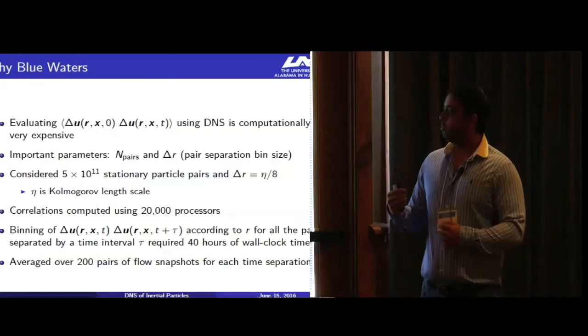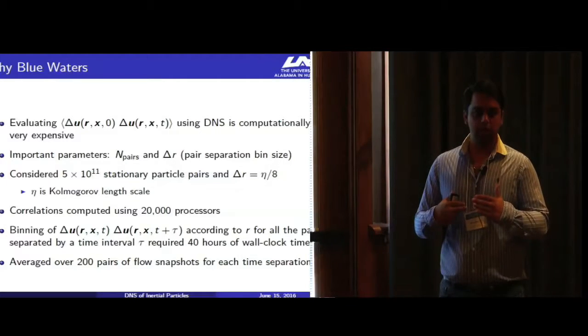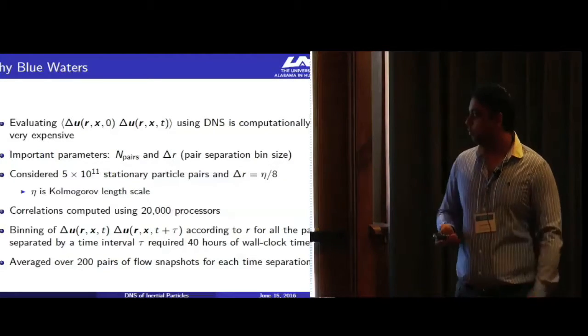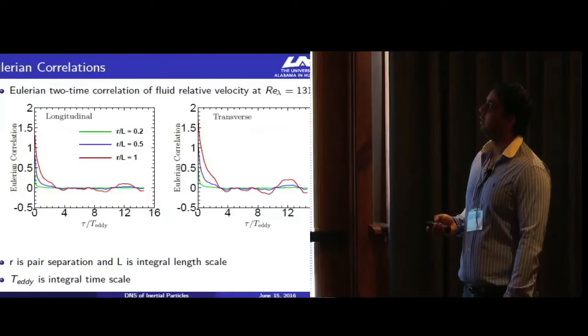And we similarly use 200 of such tau values to get one average value. So this was a computationally pretty expensive task.